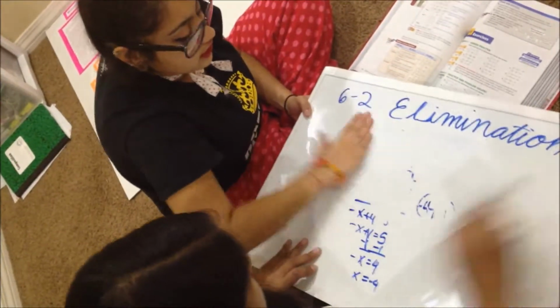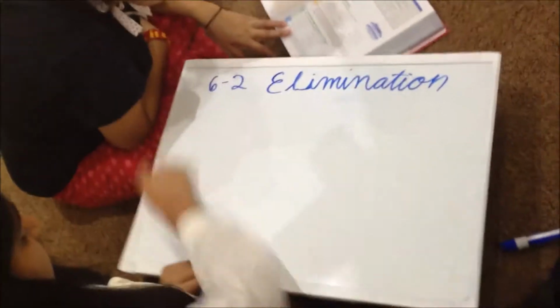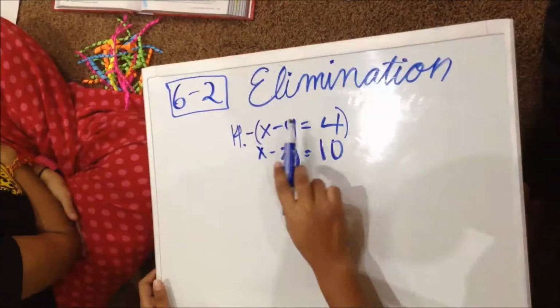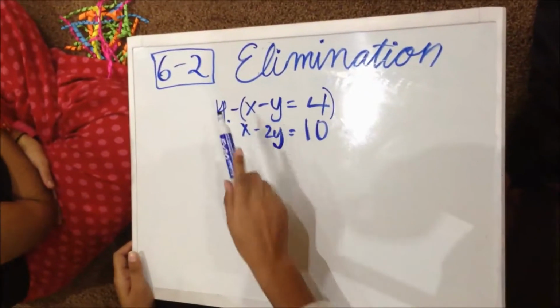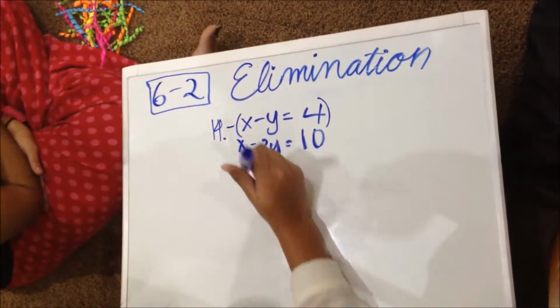Okay, so can we do one more problem? Okay, let's do number 14. Here, I want to write it. Negative times negative, not really negative, but you add them. So negative and negative is positive, and then I'll show you. Okay.